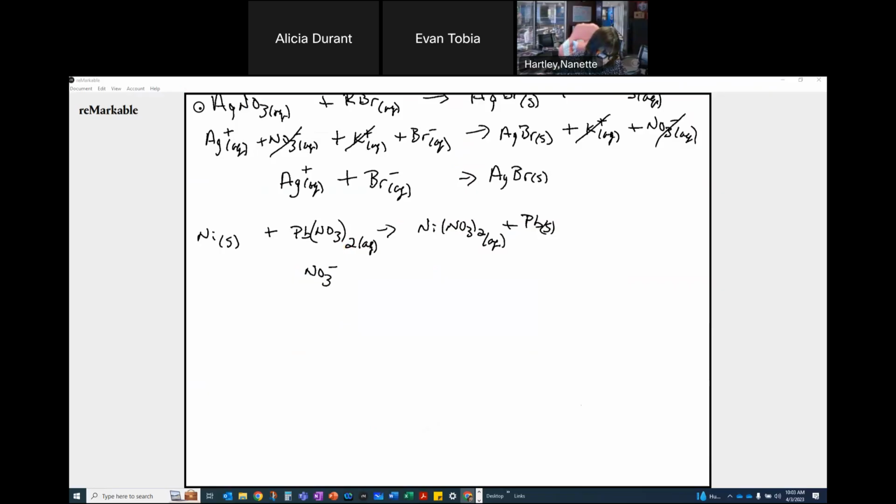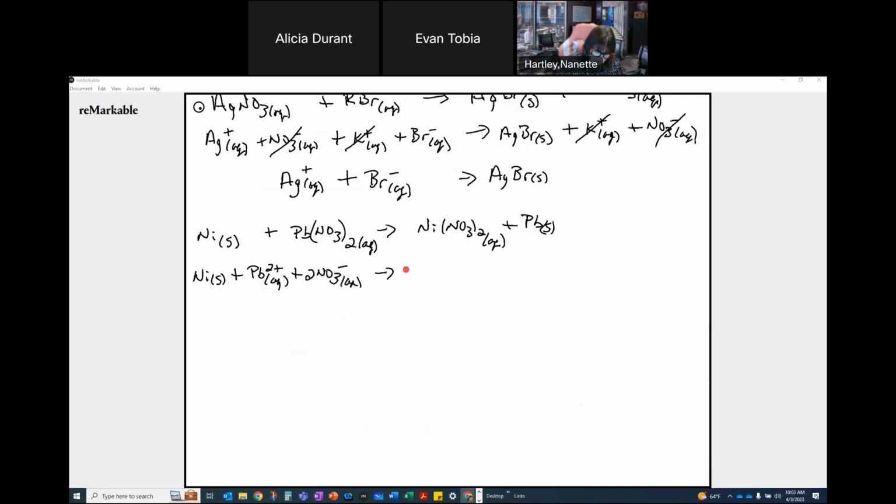And so if I was to do the total ionic equation, I would show the Pb2 plus as aqueous and the 2 NO3 minus aqueous. But the nickel is still solid.